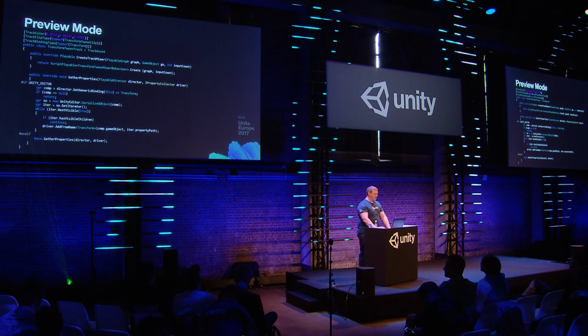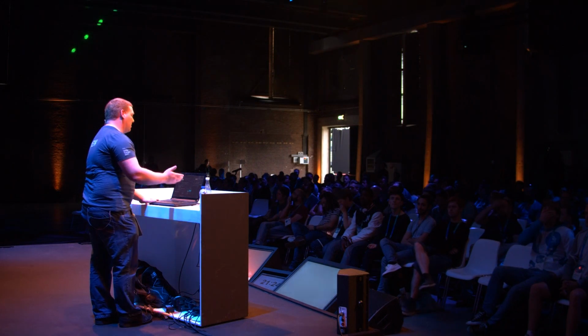It's saying to the driver, so remember these are driven properties, don't change this, or don't save this, it's being driven. So when preview mode is off, it's allowed to save everything. When preview mode is on, it's not going to listen to these particular properties.